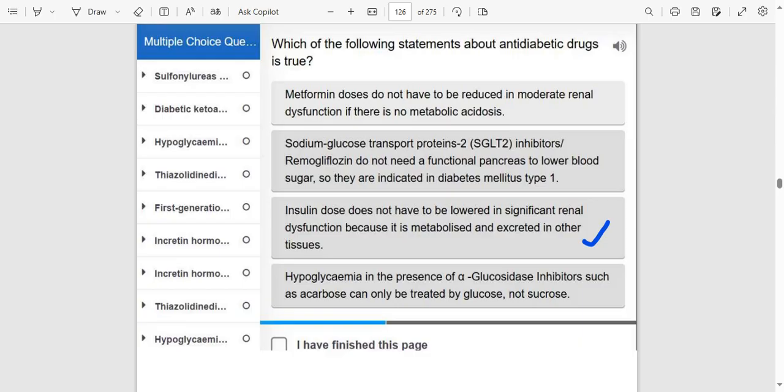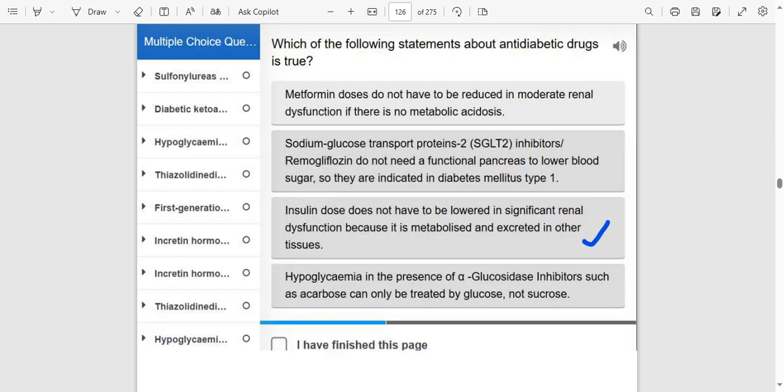Pardon? So he said option A is not true. Liver and kidney. So the statement is not true, right?